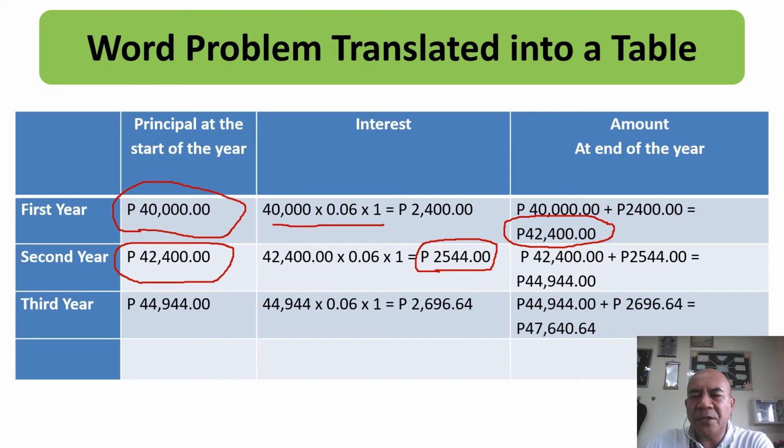It is increasing each year. So to find a future value after second year, you simply add the interest 2,544 to 42,400, which is equivalent to 44,944.